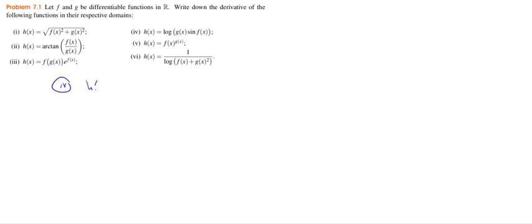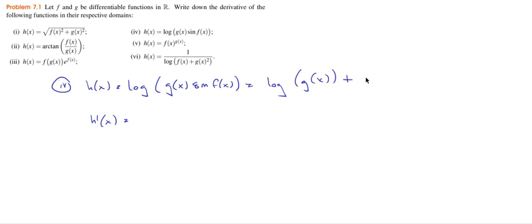4. h at x is the log of g of x times sine of f of x. This is going to take longer because of the application of the chain rule in chain. But wait a minute, this is easier because this is the logarithm of the product, so you have the logarithm of g of x plus the logarithm of the sine, so we get rid of using one of the product rules.